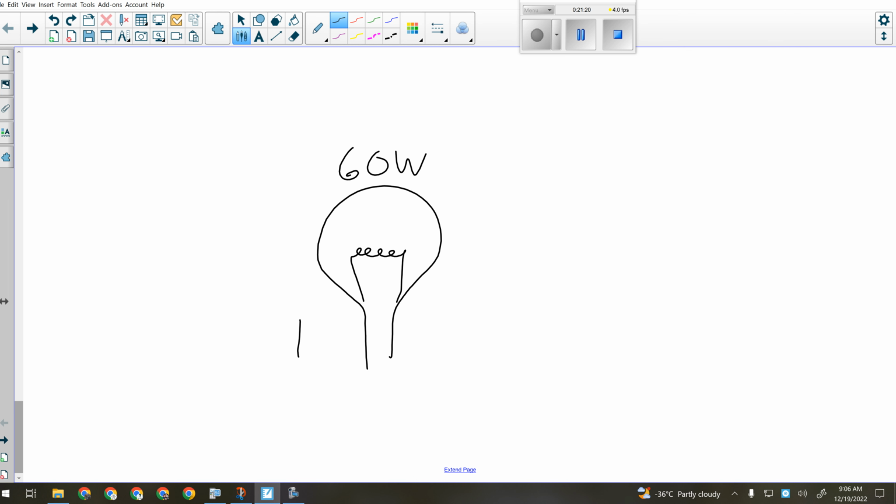A watt is a joule per second. So this light bulb uses 60 joules of electricity every second in order to light your house.